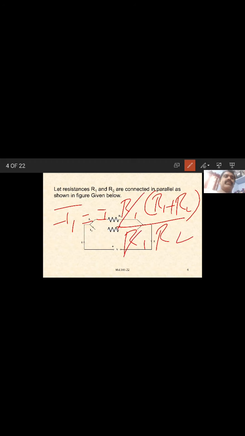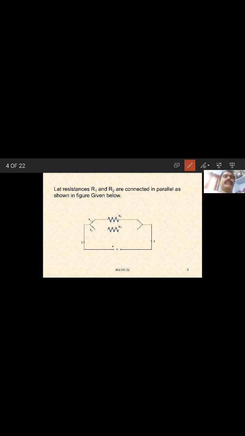Again we get I1 is equal to I into R1 plus R2 divided by R2. Similarly, I2 is equal to I into R1 plus R2 divided by R1.